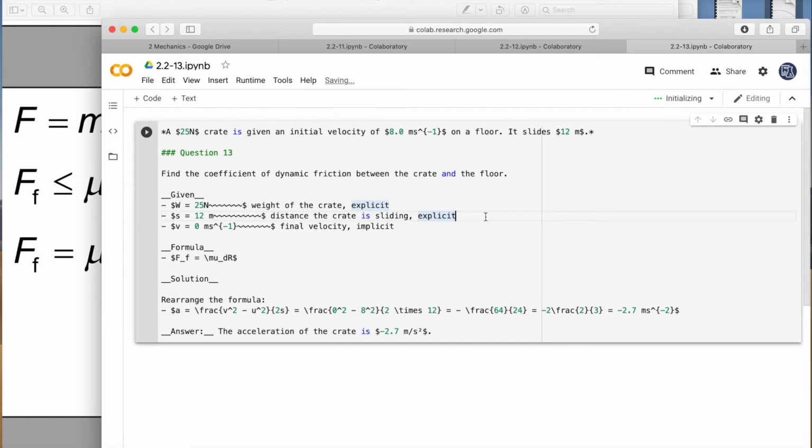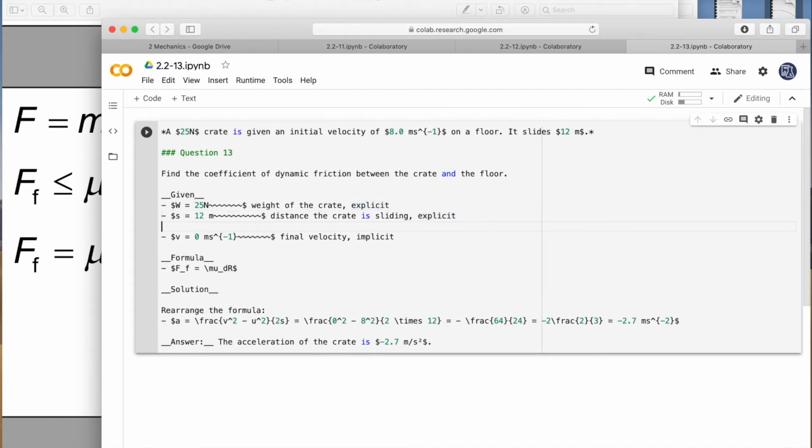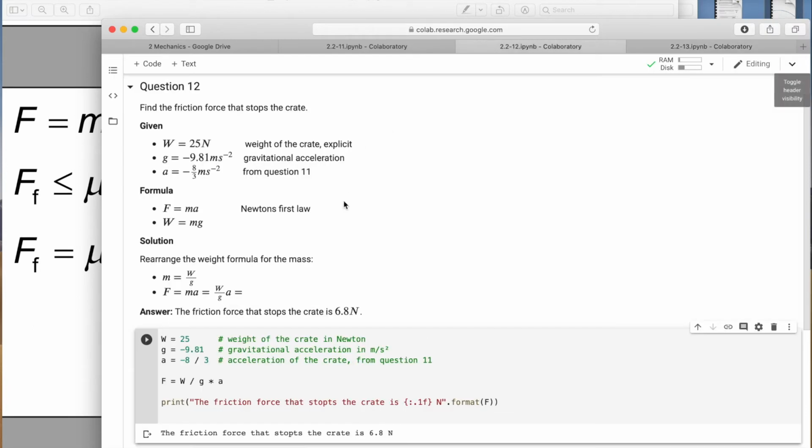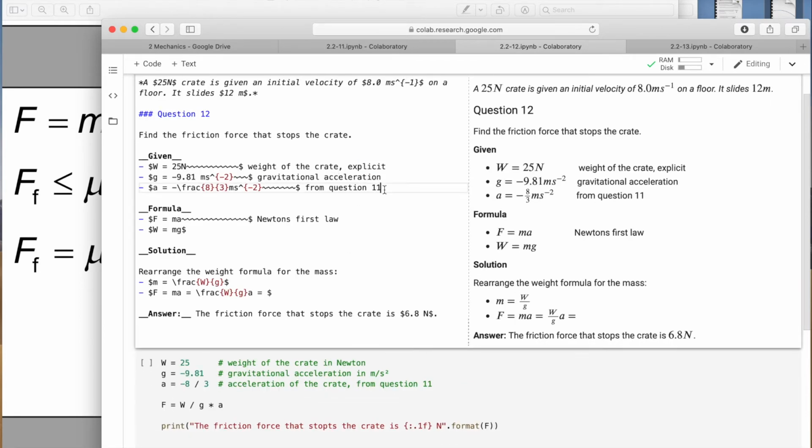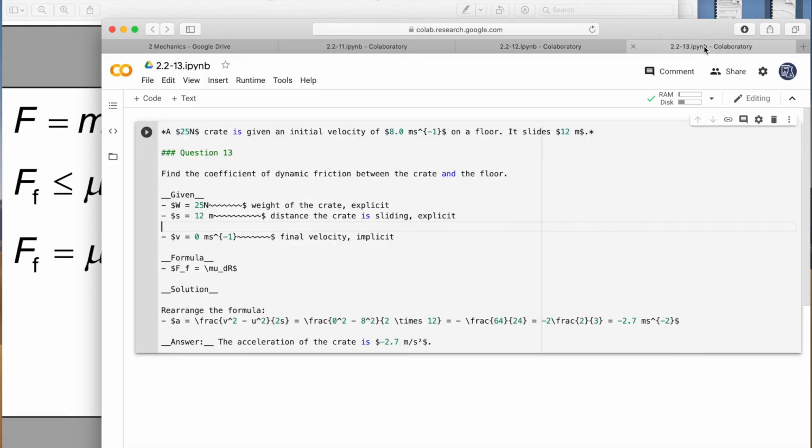And we can use the acceleration from question 11 that I put in 12 already. Here we are. Let's copy this one, since we need it for 13 as well.